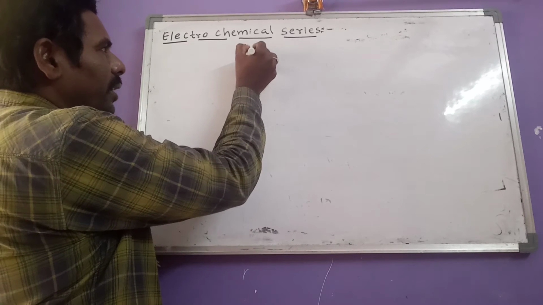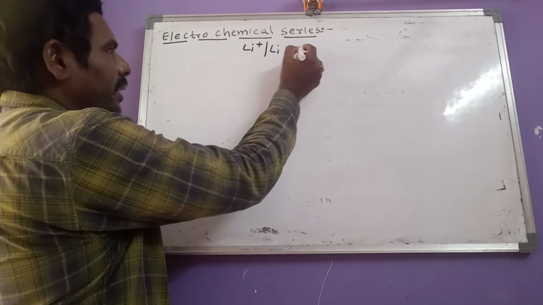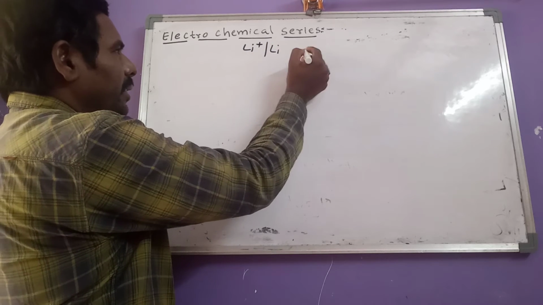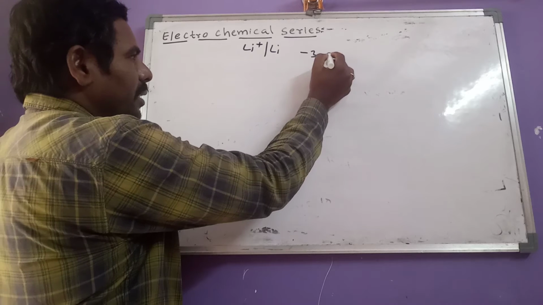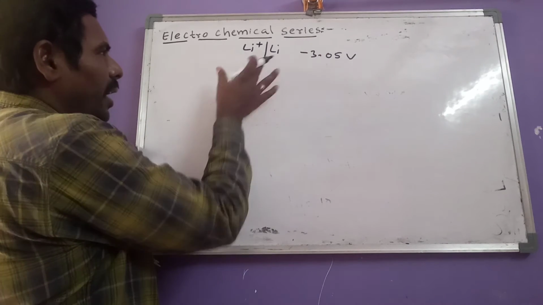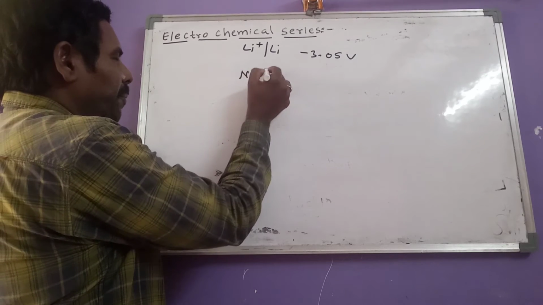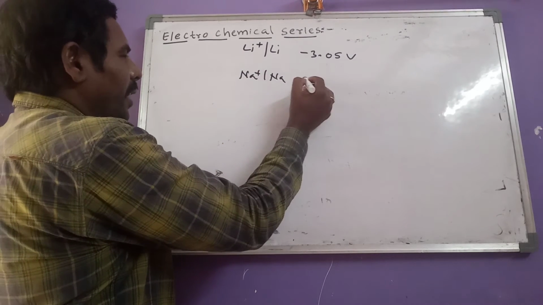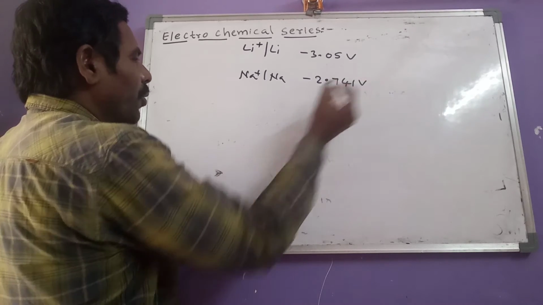The first one, the top of the electrochemical series occupied by lithium, its value of potential is minus 3.05 volts. And like that, if you come here, sodium electrode, its value minus 2.741 volts.